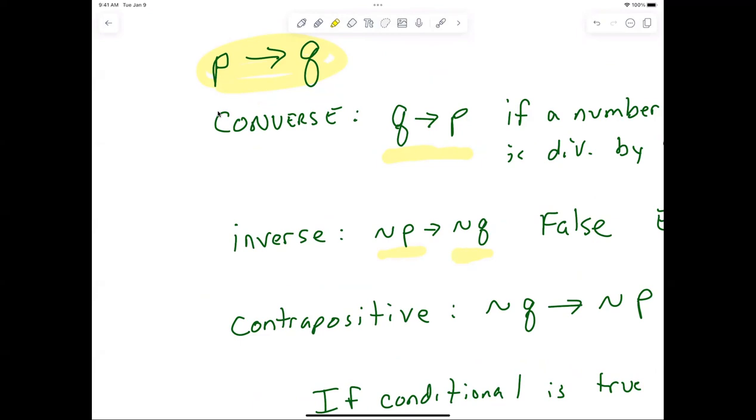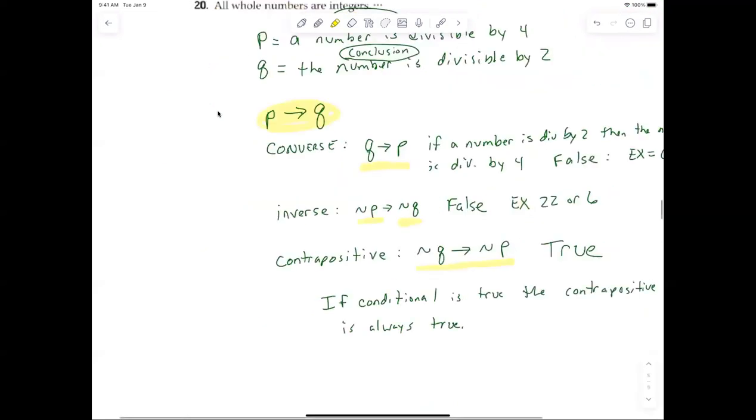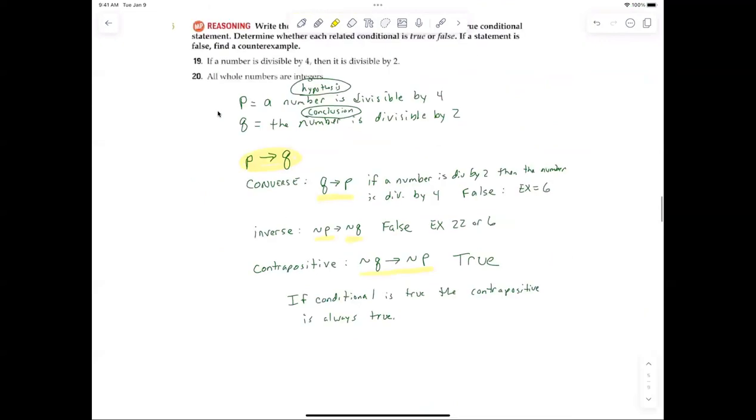This over here now, you're supposed to look at it and say, okay, that's the contrapositive. And the contrapositive is switch and negate. Do we agree with that? And then you come up with the truth depending upon your examples or your counterexamples. Everybody's good with that?